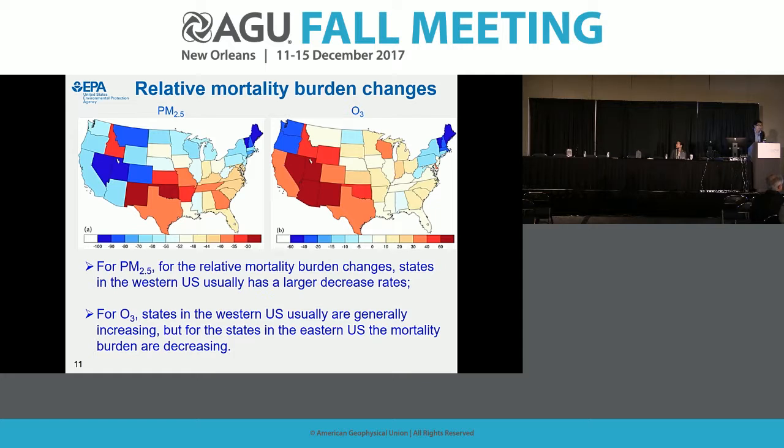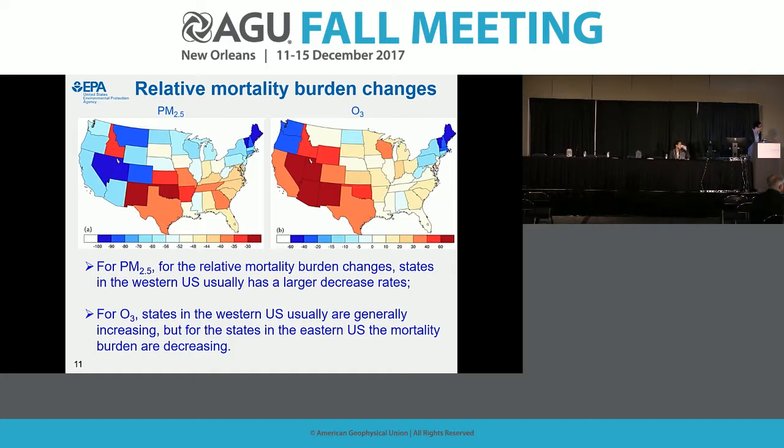And for ozone, since there are some increases and decreases in the mortality burden associated with ozone in the US, the colors in blue mean the ozone mortality burden will decrease in this state, and the colors in red mean the ozone mortality burden in this state will increase.